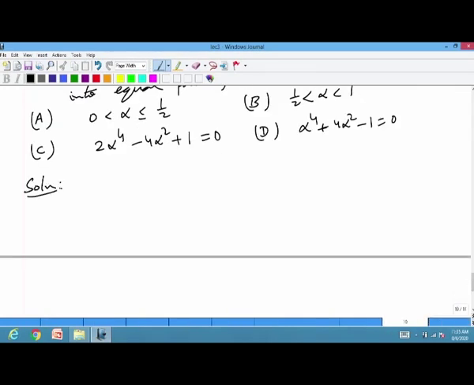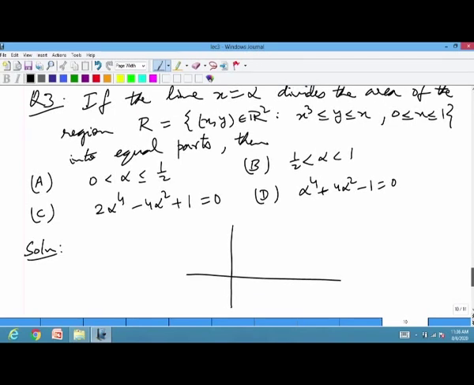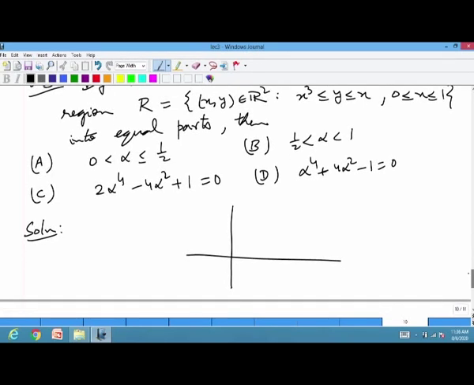So, first we should see what is the region R. The region R is bounded by the curve y equal to x cube and y equal to x for x between 0 and 1.